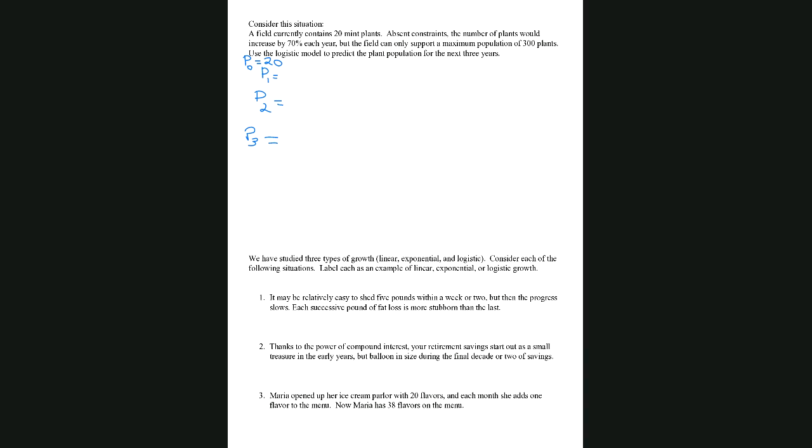So what we need to do is find a general recursive formula for the growth in this case. Then we can use that to find P sub 1, P sub 2, and P sub 3. So let's, down here in the bottom corner, come up with a formula for P sub n.